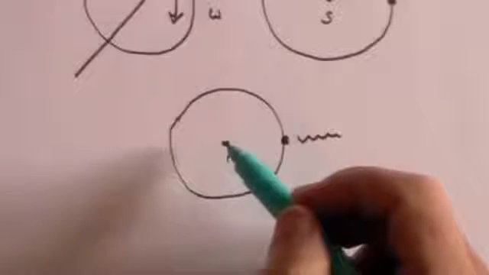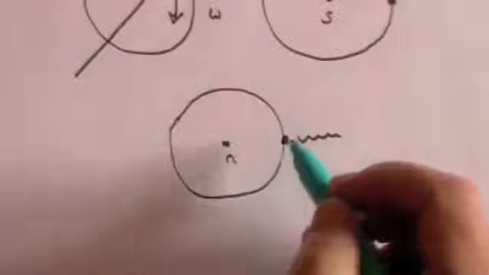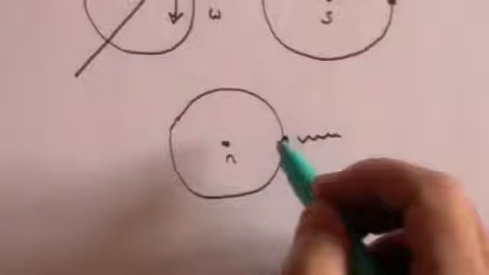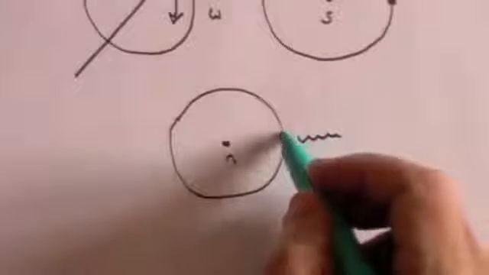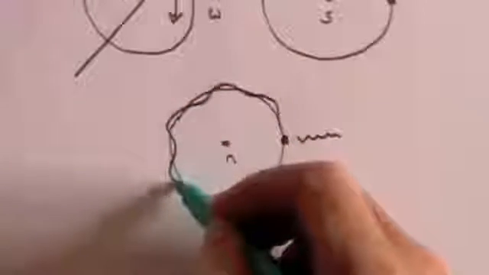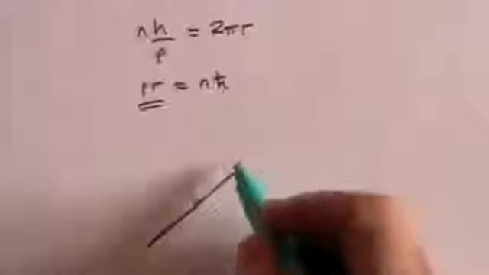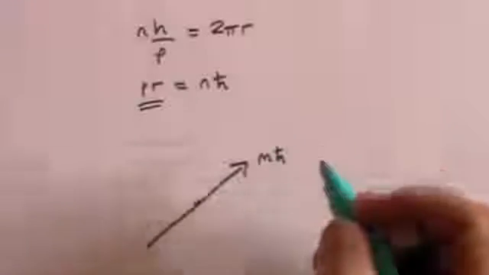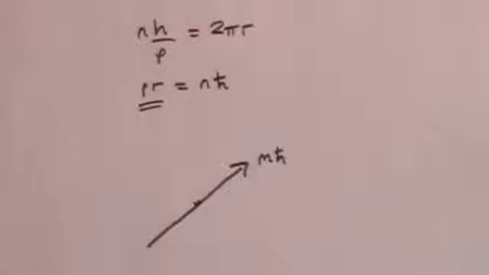But it was quantum mechanics that comes to our rescue and says that you don't think of the electron circulating or orbiting as a particle, rather you think of it as a wave. And so you've got this electron that is like this. We'll call that m h bar, where m is a number, a whole number, integer.